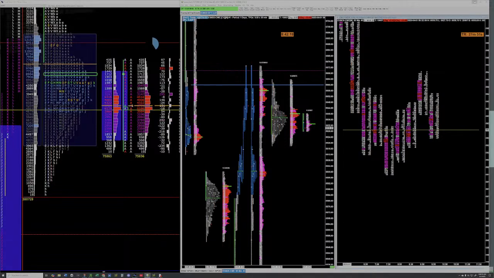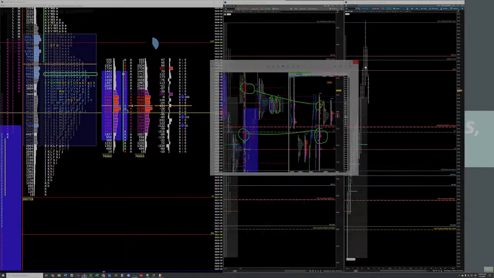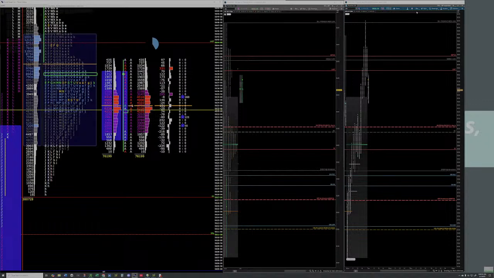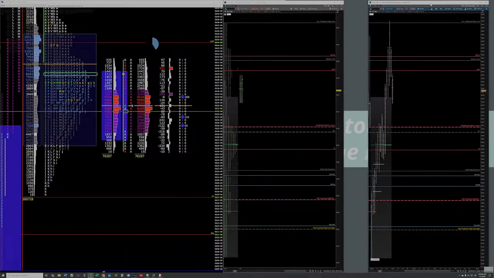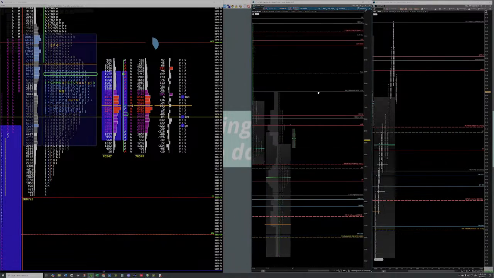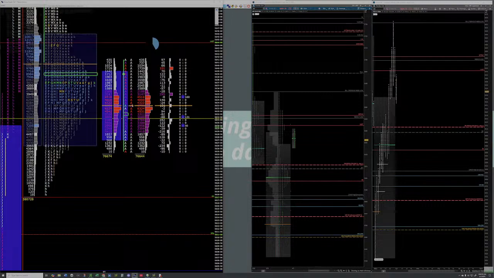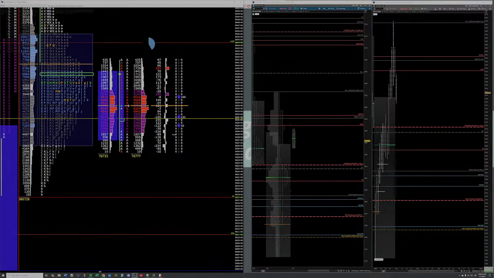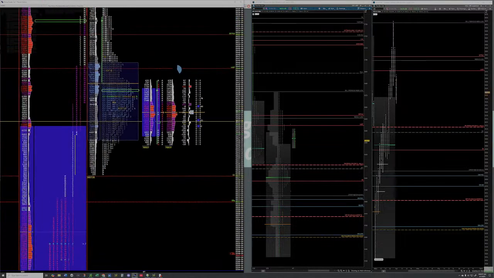Let's minimize this one, close this thing, and focus on today's action. As you can see, there's absolutely no reference here where the market is right now. So I'll call this the market in nowhere land, right? Still, it's opening inside the previous day range.